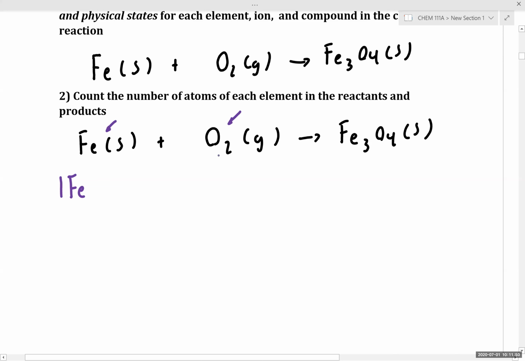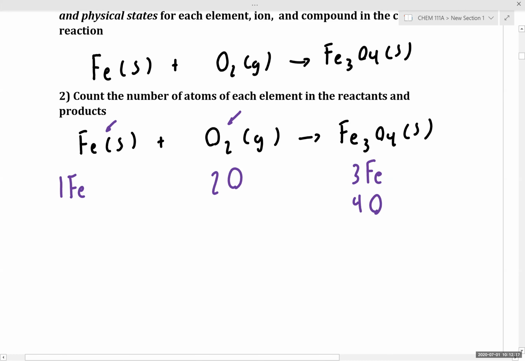How many oxygen atoms do we see in O2? 2, yep. And in Fe3O4, how many iron atoms do we have? 3, yep. And we have 4 oxygen atoms. Perfect.